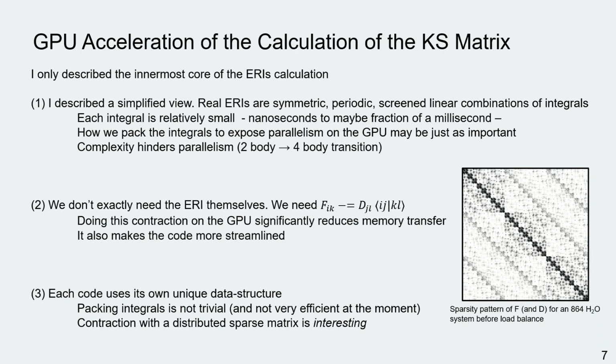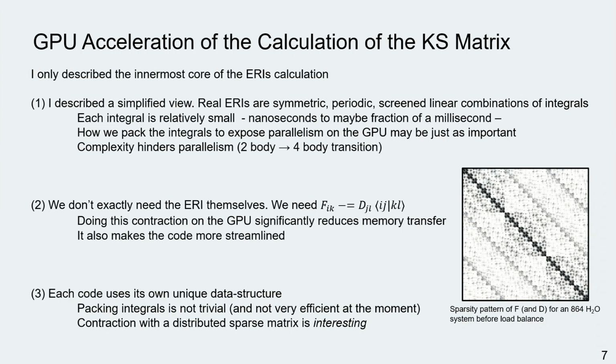And then I talked already about integrating this library into already existing code. It's not a simple problem, because each code uses its own data structure to save both the density matrix and Fock matrix.